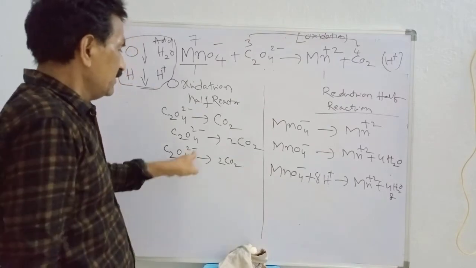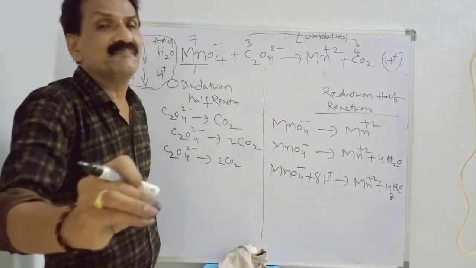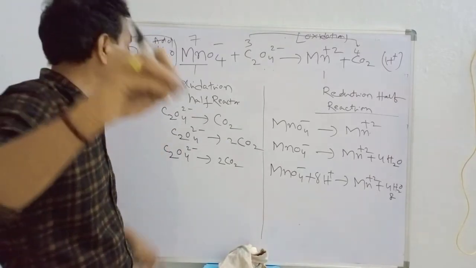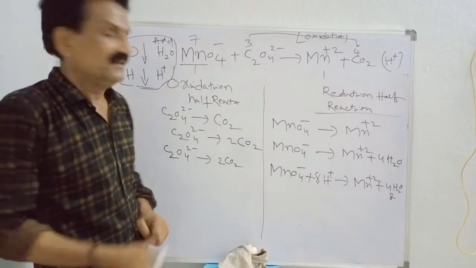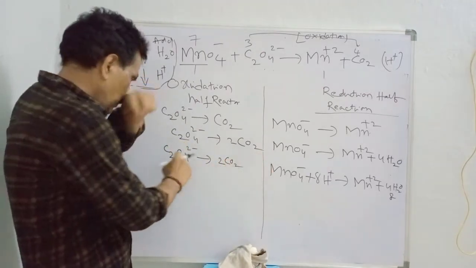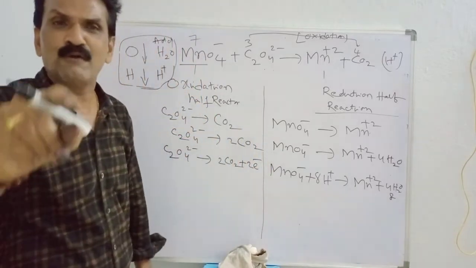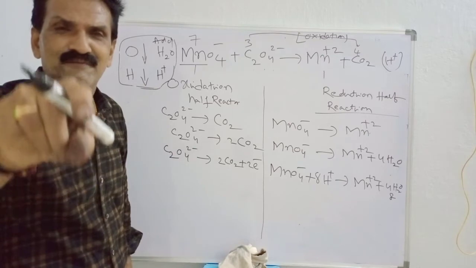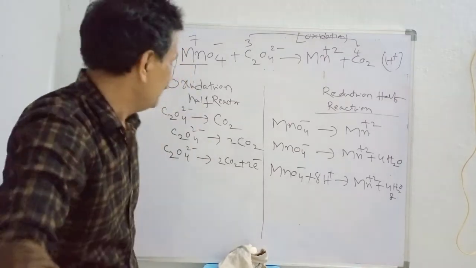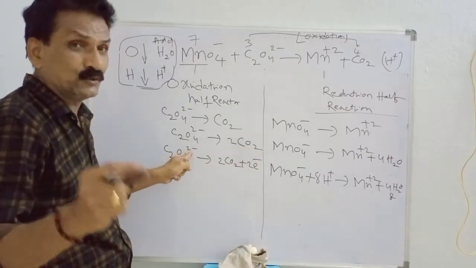You see, here 2 minus. You must add electrons where negative charge is less. Here there is no negative charge, here there is a negative charge of 2 minus.